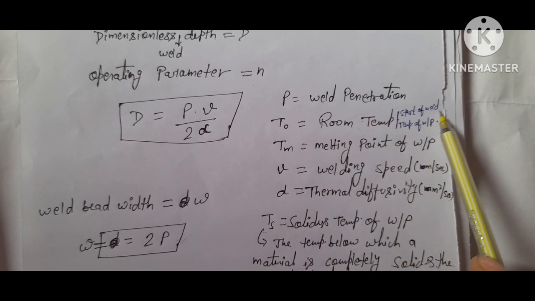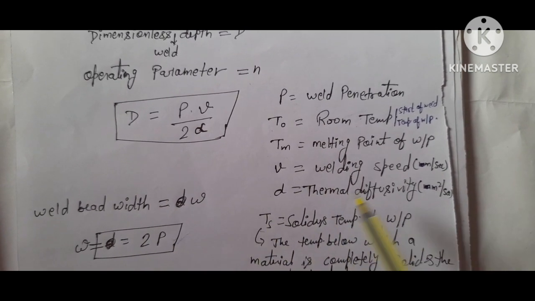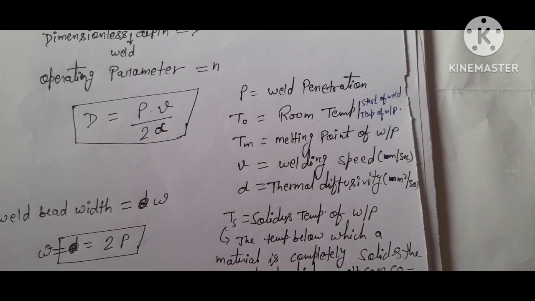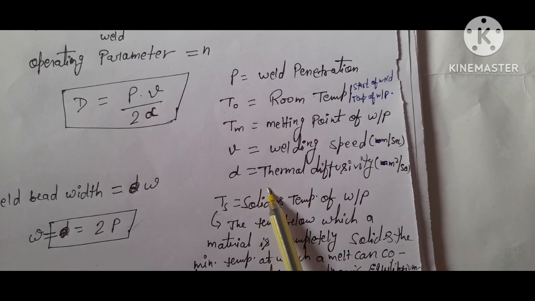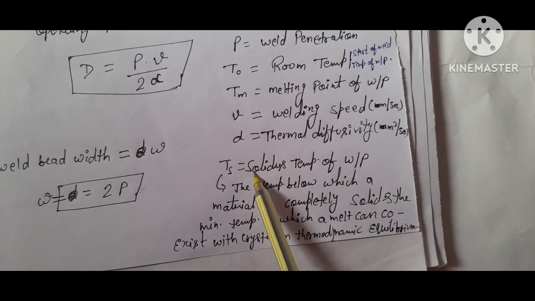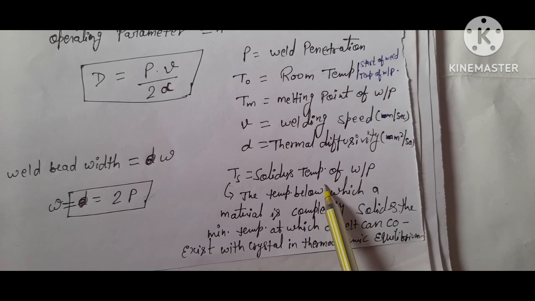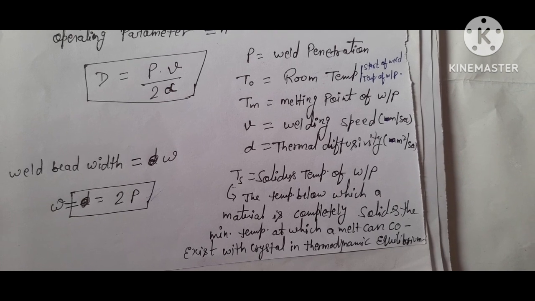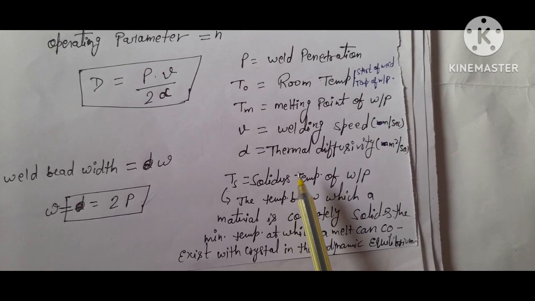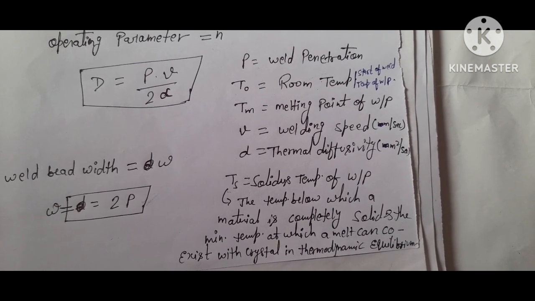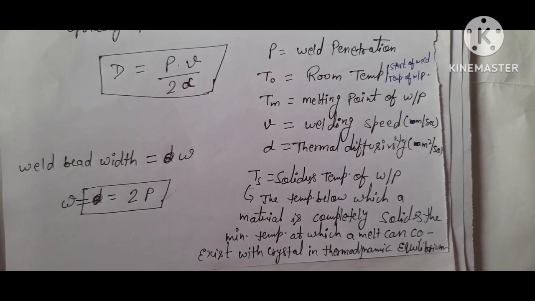So Tm equals the melting point of the workpiece, V is the welding speed in meter per second, alpha is the thermal diffusivity, and Ts equals the solidus temperature of the workpiece. This temperature is also known as the temperature of some relevant phase transformation, or the phase transition temperature.